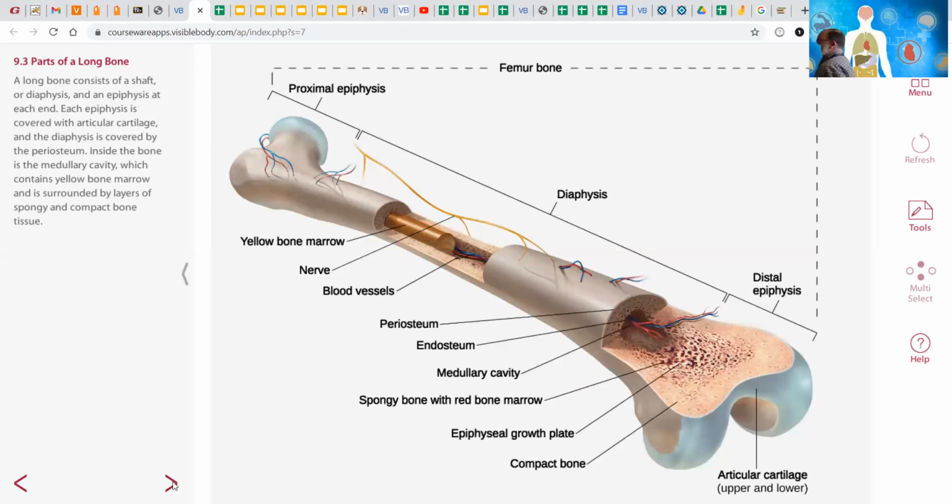You'll want to go through these, and don't forget to click on the bone and it'll pull it up and highlight it for you. If you have a touch screen monitor, you can move it around that way. If you don't have a touch screen, you can use your arrow up, arrow down, and arrow over keys to get different viewpoints of the bone.